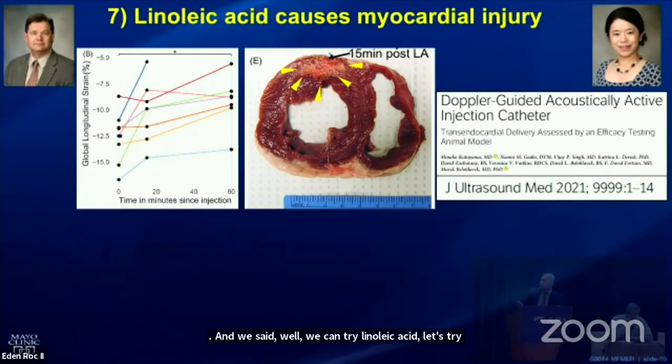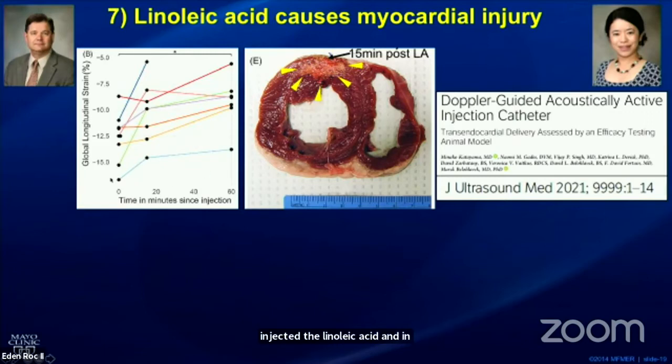If you look at, for example, here, this is the heart of a pig, which had been injected with linoleic acid, and it infarcts within 15 minutes. And the function of the left ventricle gets impeded, as you can see by this strange pattern that's graphed here. So injection of linoleic acid caused this.